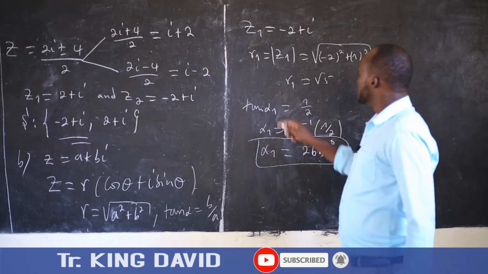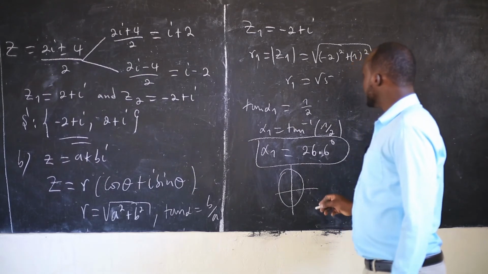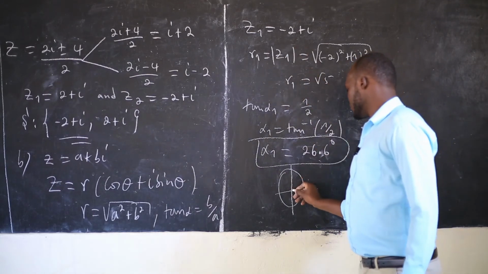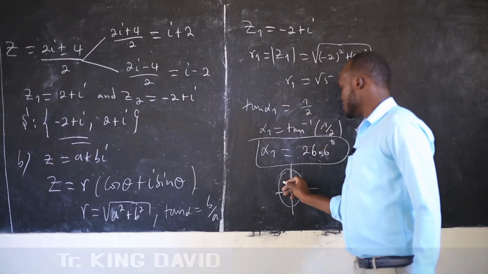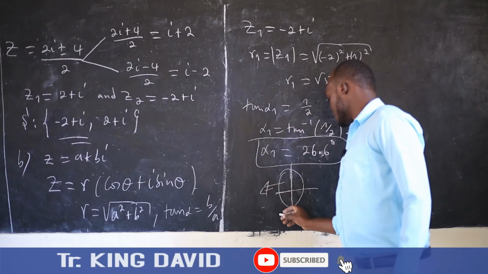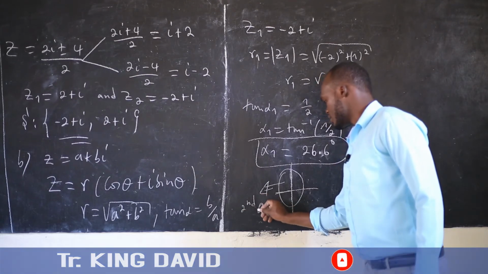Then which quadrant are we in? a is negative, but b is positive. So it is in the second quadrant.